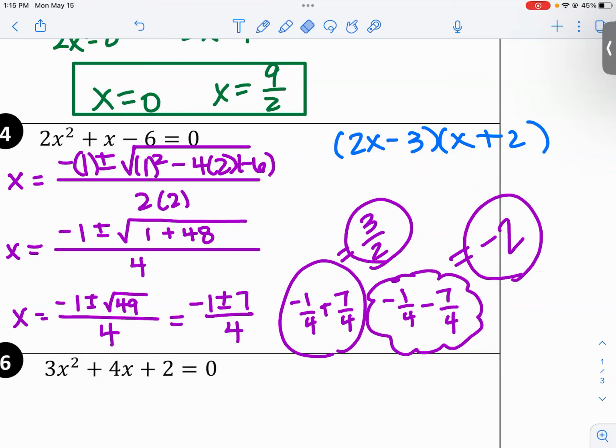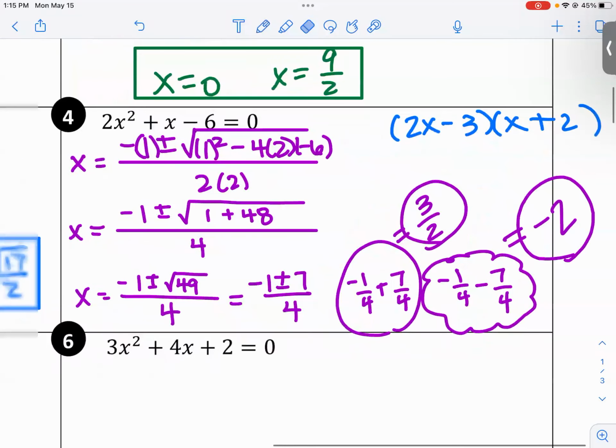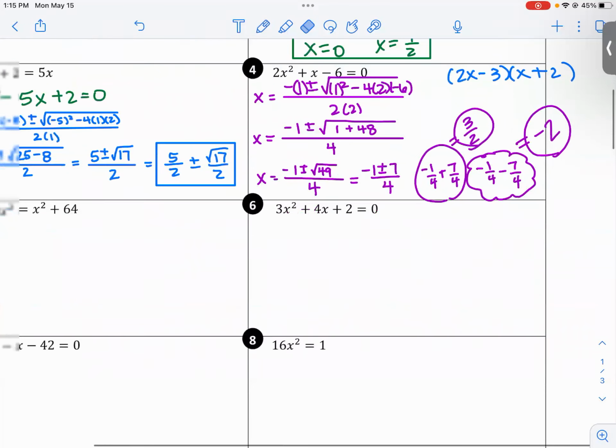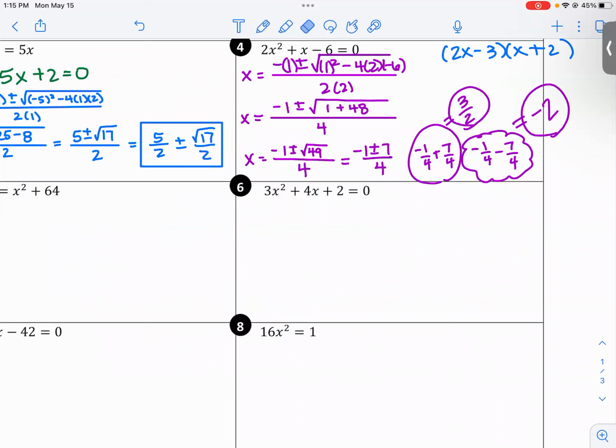Number 3 is now. What does that answer mean? Like, what does it do? So we could put 5/2 plus square root of 17/2 into our calculator and get a decimal. And that would be the approximate of where it's crossing the x-axis.